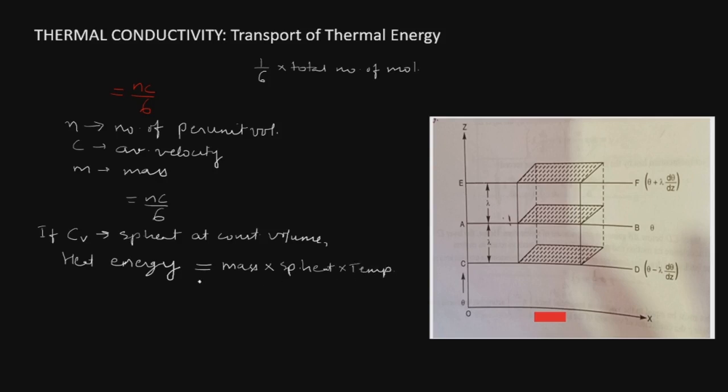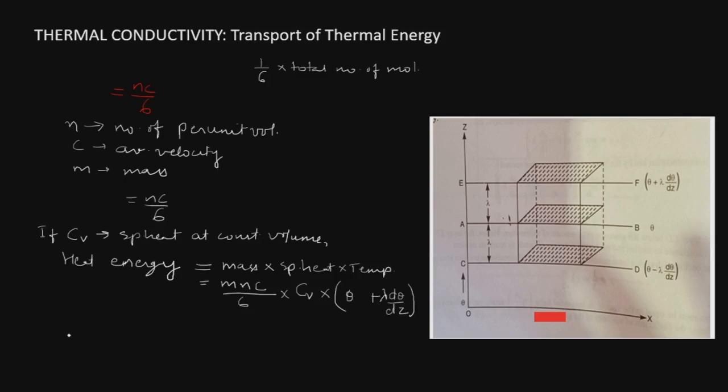So this will be equal to m into nc divided by 6, multiplied by the specific heat Cv, into the temperature, that is theta plus lambda d theta by dz.